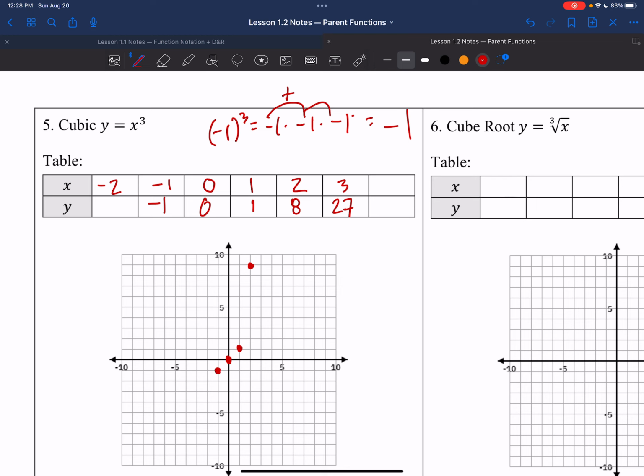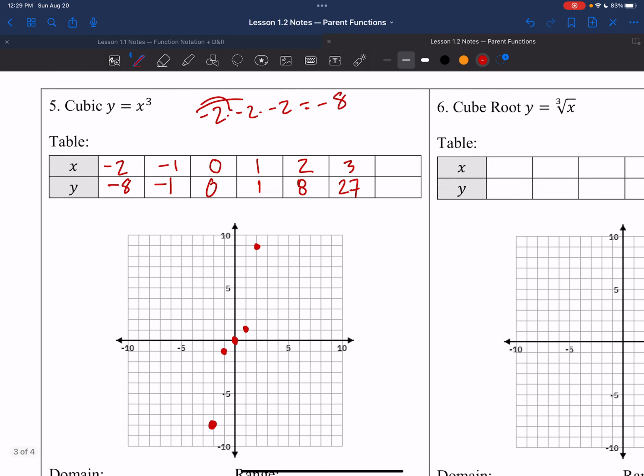Now how about -2? -2 times -2 times -2. Well, 2 times 2 times 2, that's that 8. But 2 negatives makes a positive, 3 makes another negative, so it's -8. -2, comma, -8. So I'm going to go over 1, 2, and down -8 like this.